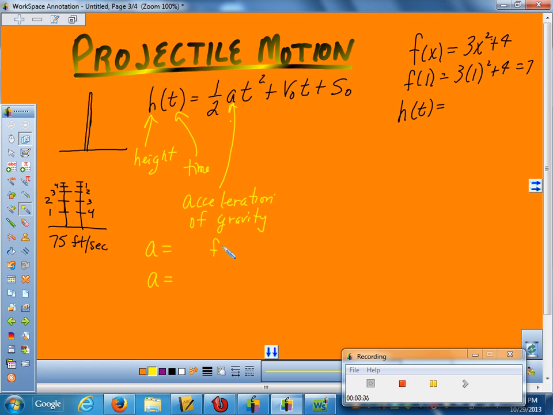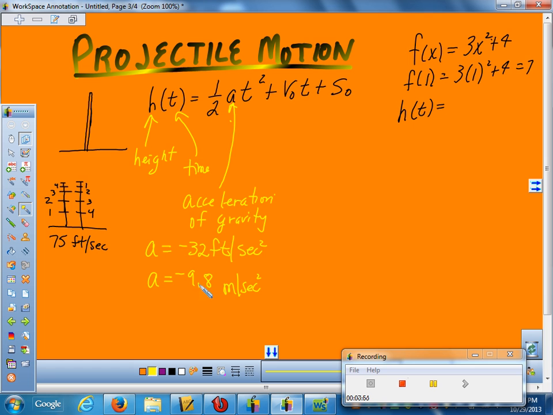If you are working with feet per second squared, acceleration is going to be negative 32. We just know that number. That's what it is on Earth. The other one is if you're working in the metric system with meters. Anybody know that one?